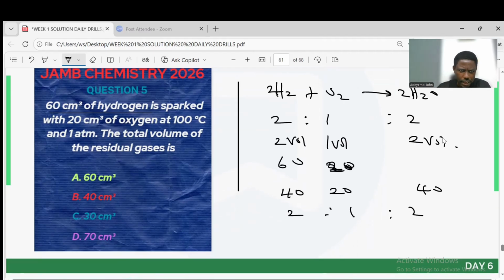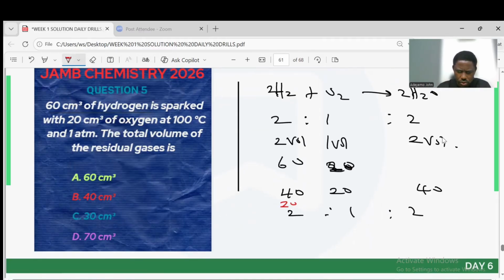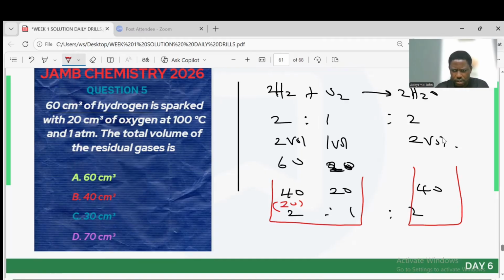But you know that one gas is in excess, and that is hydrogen. 40 of hydrogen is used, so 20 will be in excess. So when you mix these two together, you're going to get 40 of the H2O plus 20 of the unreacted hydrogen, which is in excess. So 40 plus 20 is 60.